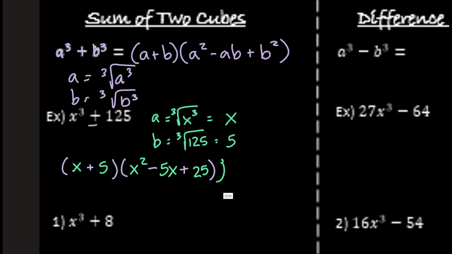Now, which one of these could maybe be factored further? Do we know how to factor quadratics? Yes, that's why we reviewed it in warm-up. Now I'm going to tell you, this one does not factor. Can we think of a number that multiplies to be 25 but adds to be negative 5?